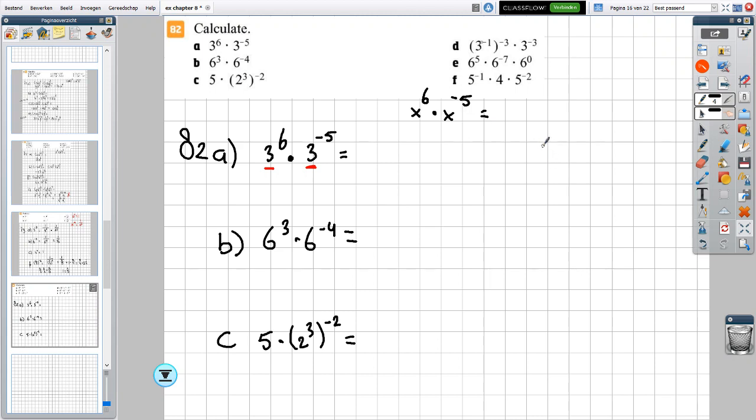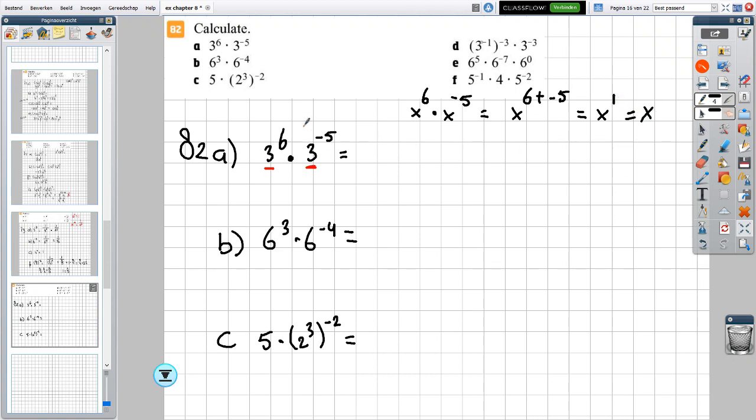And in this case, I would find, yeah, if that base is the same, I could do this right. Oh, but now I have a negative number there. 6 plus minus 5. Yeah, that's just 6 minus 5. So that's just x to the power of 1 gives me x.